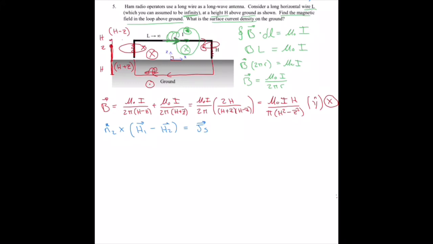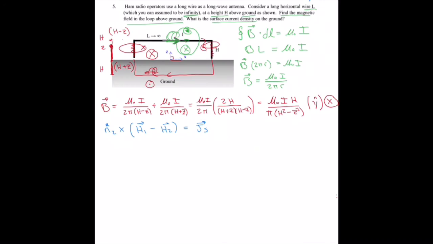So what is n2? n2 depends on how you look at the system. In our case, we're going to define n2 as the normal from the second medium.